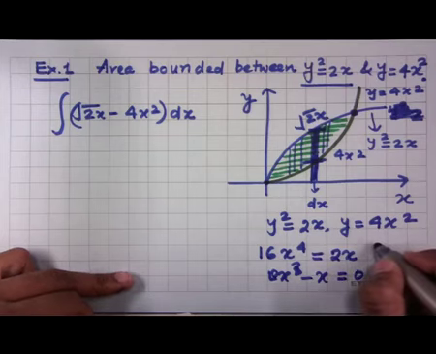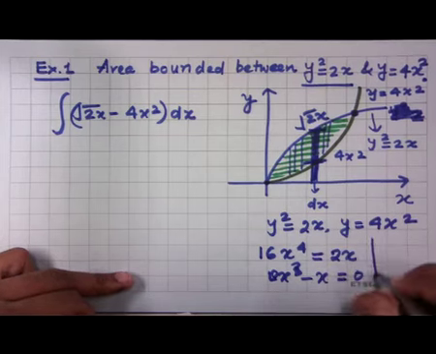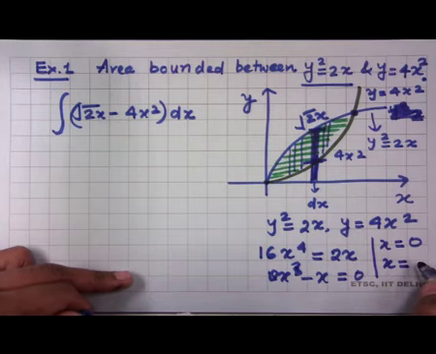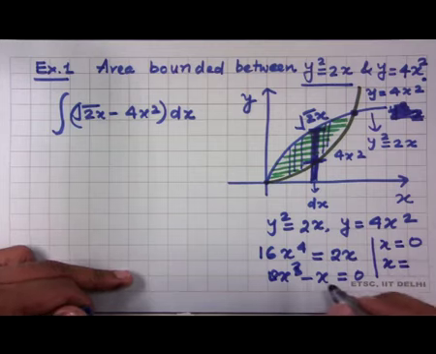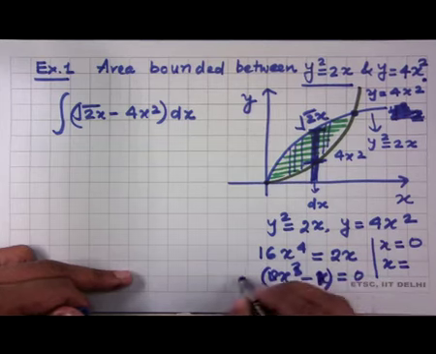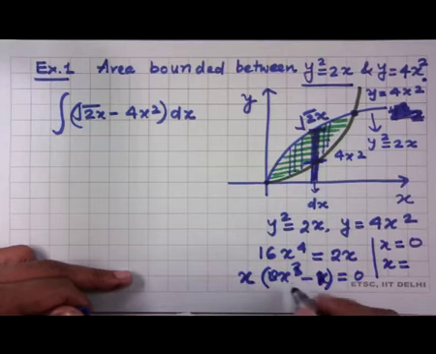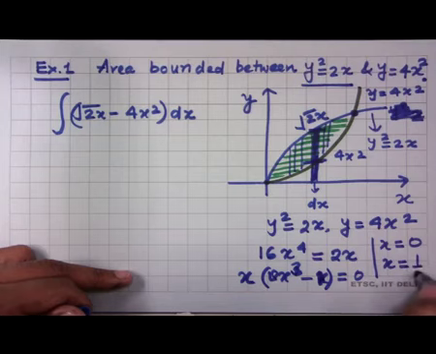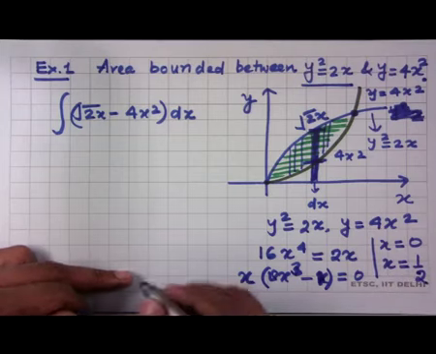So, for the point of intersection, by solving this you get x into (8x cube minus 1) equals 0, so x equals 0 and x equals half.